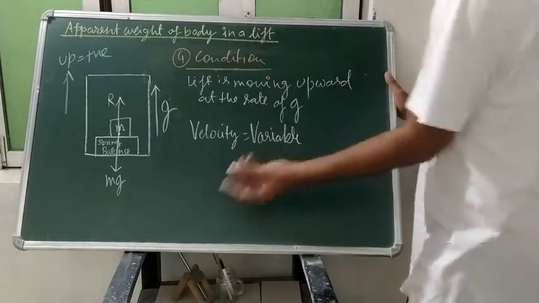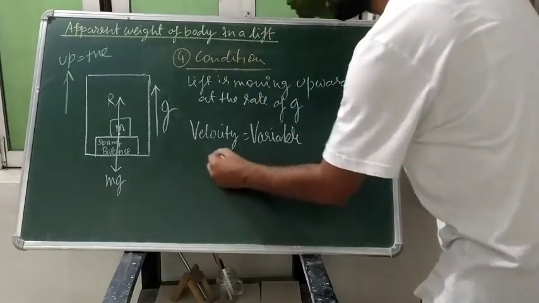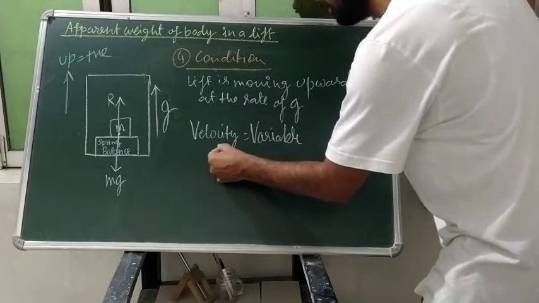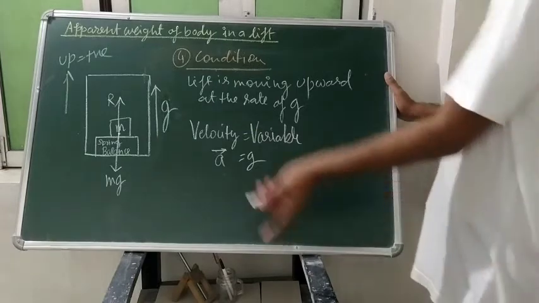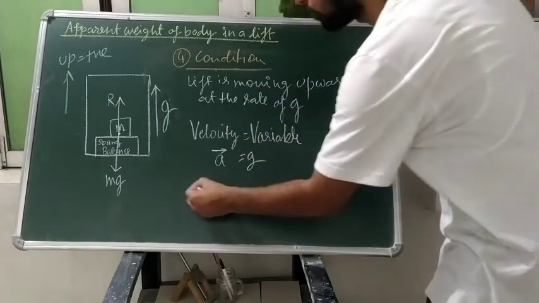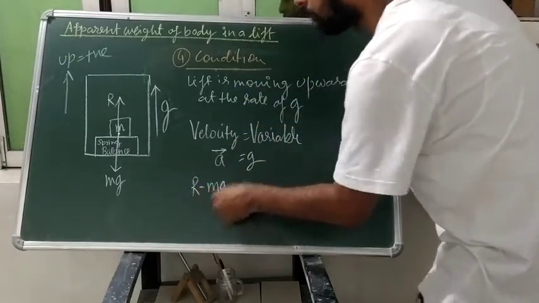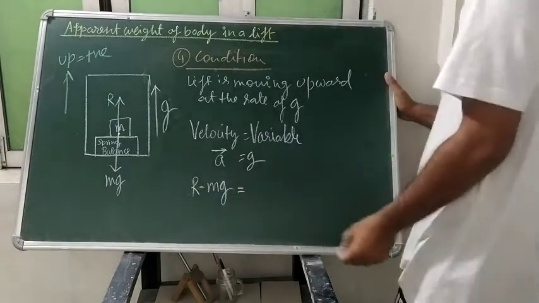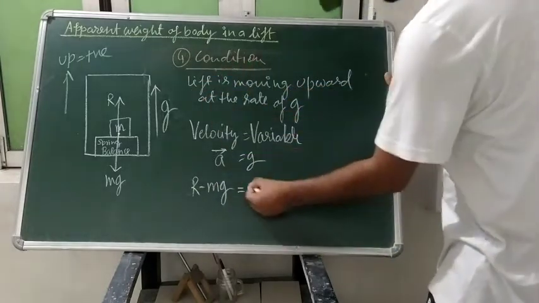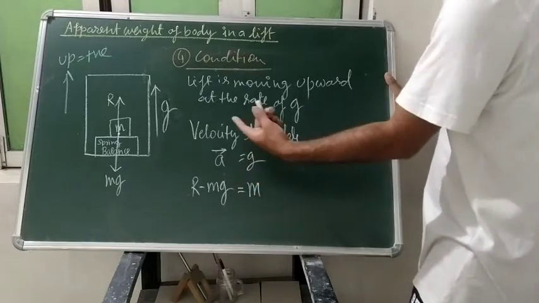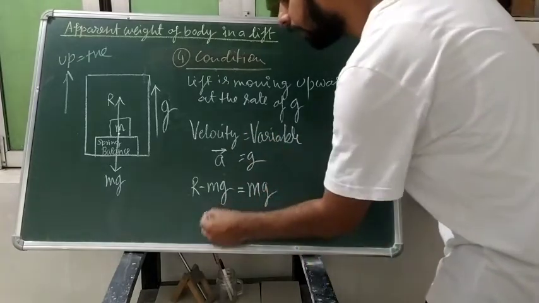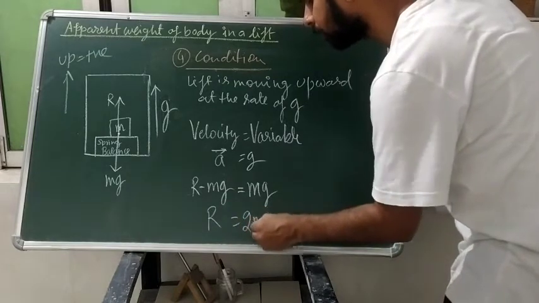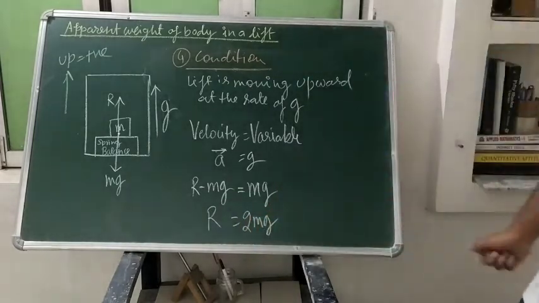So we are looking that our velocity is variable and our acceleration in this case is equal to g, and upside we are assuming as positive, so R minus mg should be equal to what, student? Newton's second law you will apply, ma, and here a has become equal to g, and here you will get reaction R equals 2 times mg.